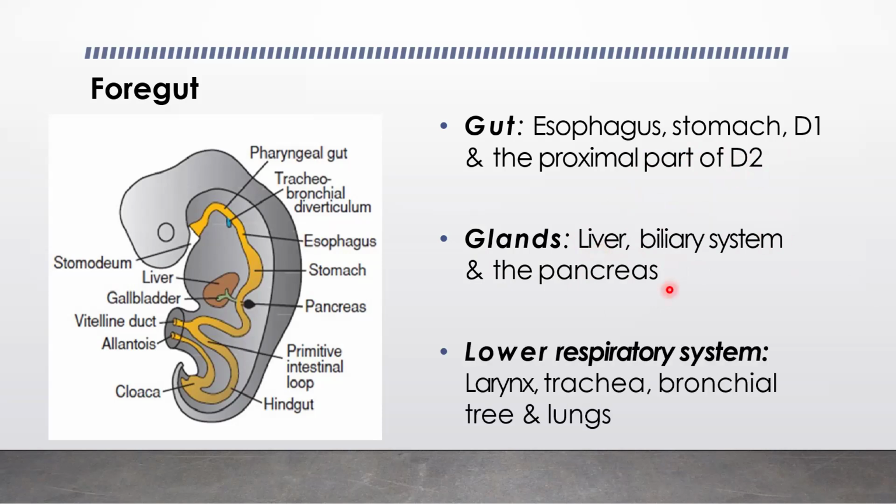And then also the lower respiratory system, that is the larynx, the trachea, the bronchial tree, and the lungs, ideally the parts that come from the lung bud. As we talk about the development of the foregut, we'll also talk about the lung buds developing downwards. The tracheobronchial diverticulum develops downwards, then it undergoes the process of septation. Failure of the septation will give us tracheoesophageal fistulas.